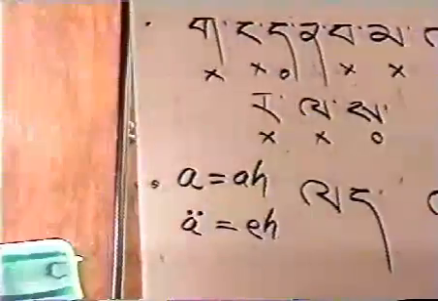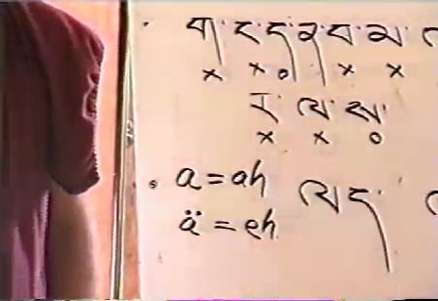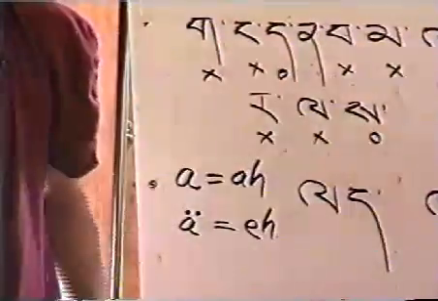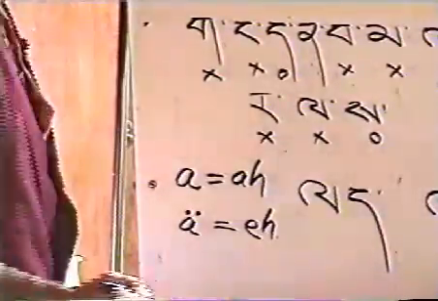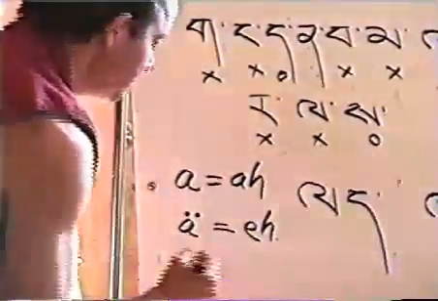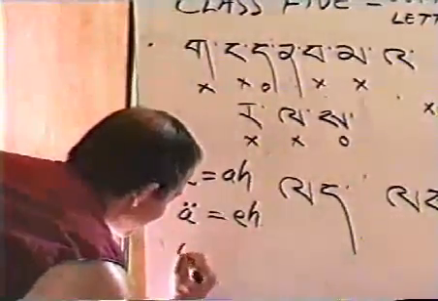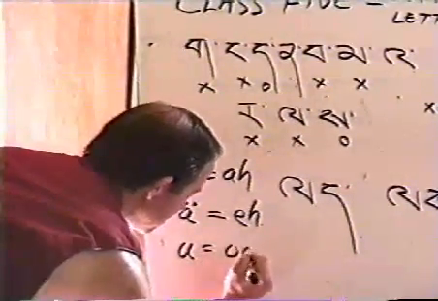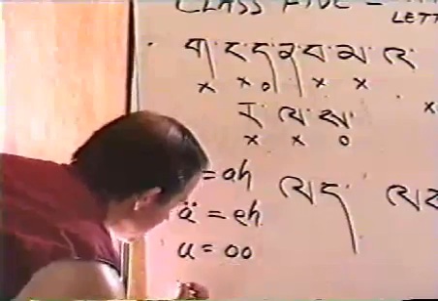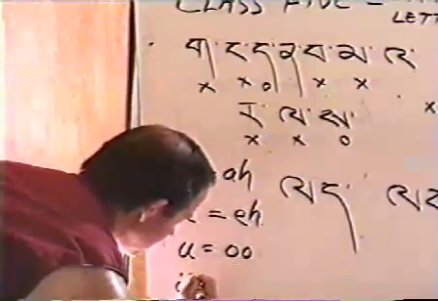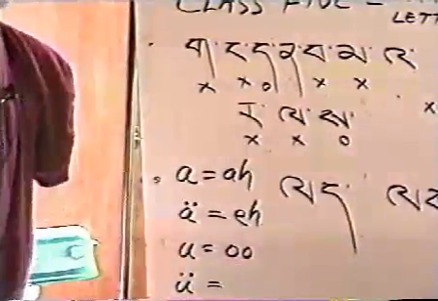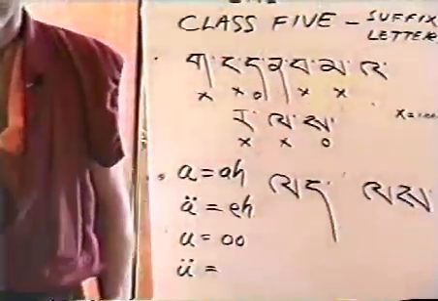Nothing happens to E. I'll just give you the ones that change: A, I, U. Der Führer. This is U, and this is I, like ew.